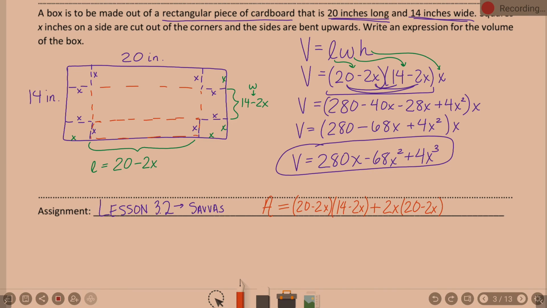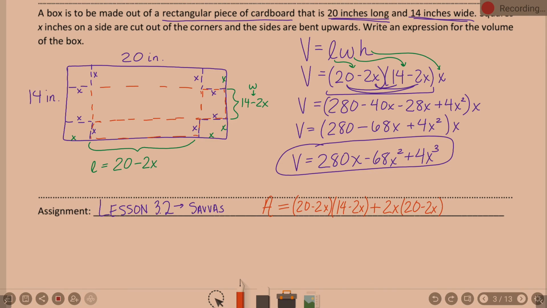And then, what else do I have? These end flaps, the smaller sides: 14 minus 2x times the height of x. And there's how many of them? 2 of them.